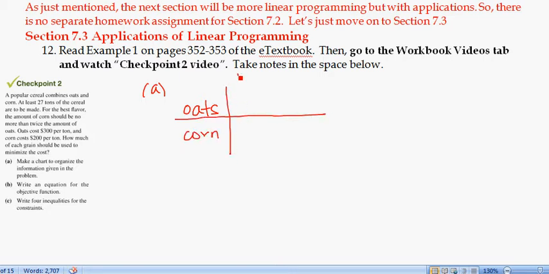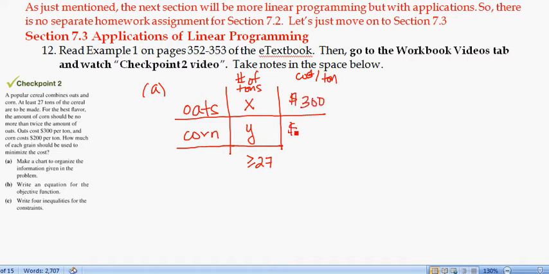We'll call the number of tons of oats X, and the number of tons of corn Y. Then we have a restriction that this has to be at least, so greater than or equal to 27 when we make this into an inequality. And we also have information about the cost per ton: $300 for the oats and $200 for the corn.